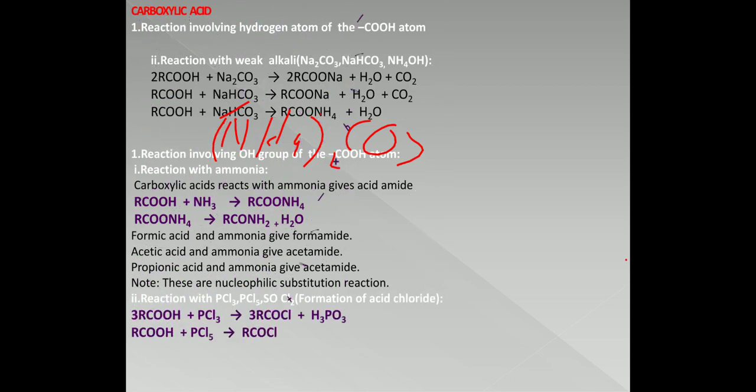Now, reaction with PCl5, PCl3 and SOCl2: formation of the acid chloride. When a carboxylic acid, like an alcohol, reacts with PCl3, it forms the acid chloride and phosphorous acid. When it reacts with PCl5, it forms the acid chloride, HCl and phosphoryl chloride, POCl3.